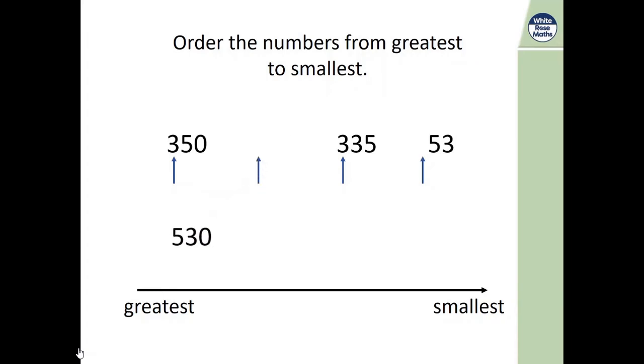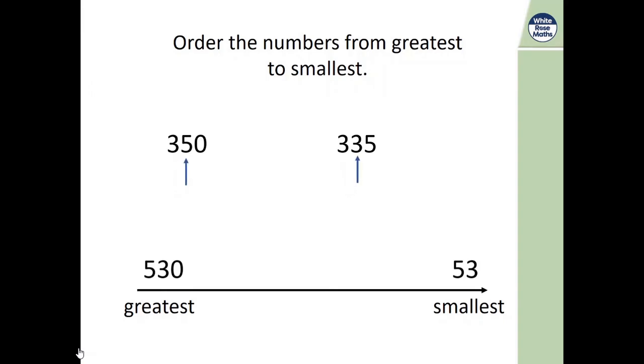That's right, it's 530. It has more hundreds than the others. So let's put that first. And the smallest number? 53. We'll put that last. Now we have two numbers left to order. They both have 300s, so we'll need to compare the tens.